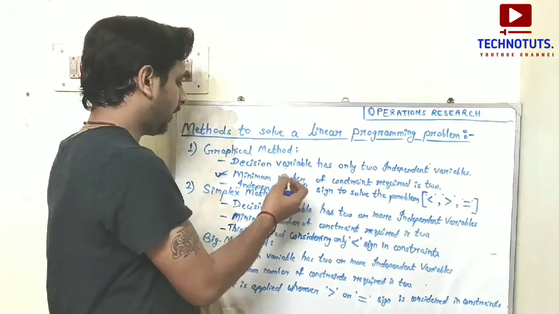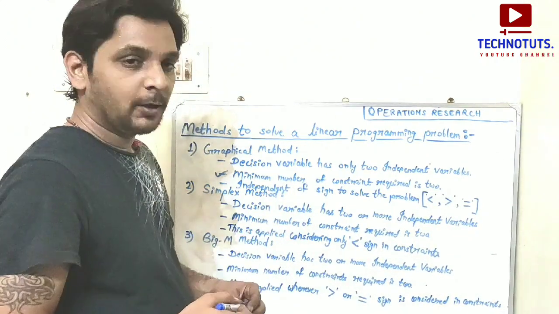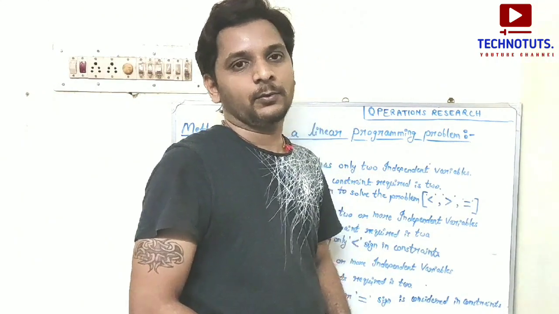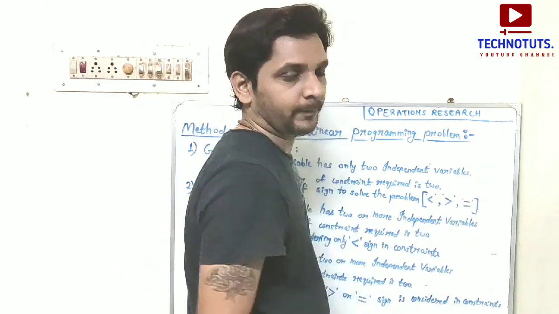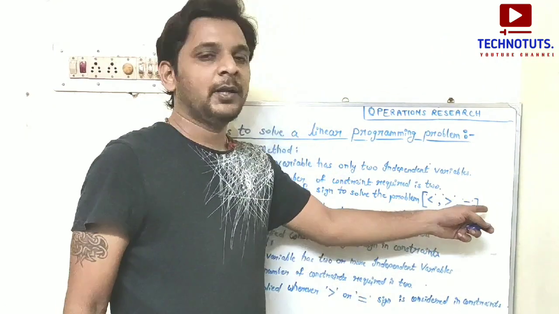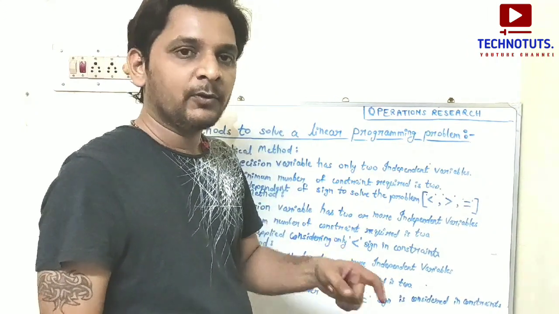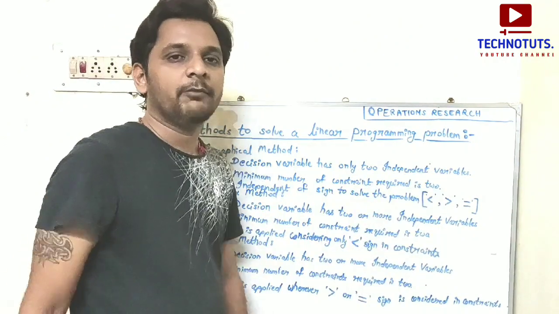Also, the graphical method is independent of the sign used in the constraints or equations. What are the signs? Less than sign, greater than sign, and equal to sign. Whatever the sign in the constraints, we can apply the graphical method, but you have to check whether the decision variables have only two independent variables.